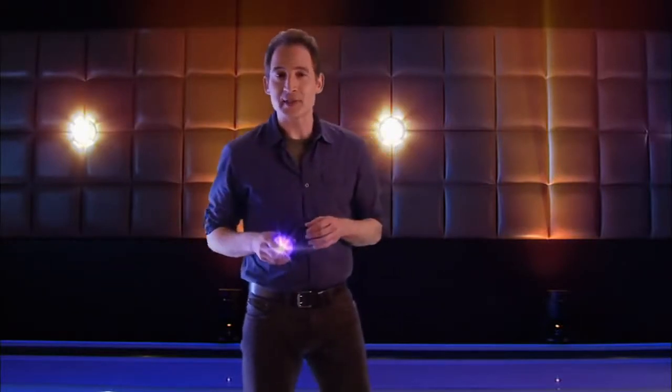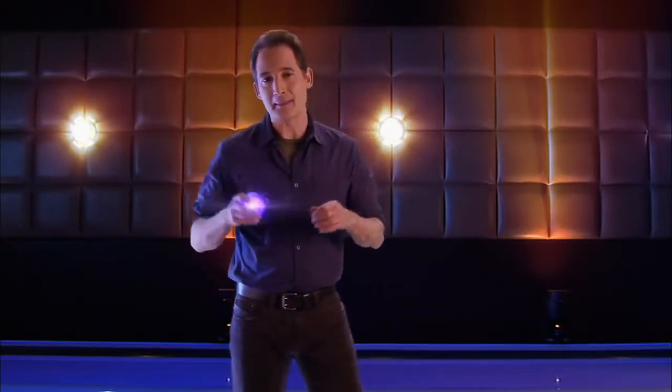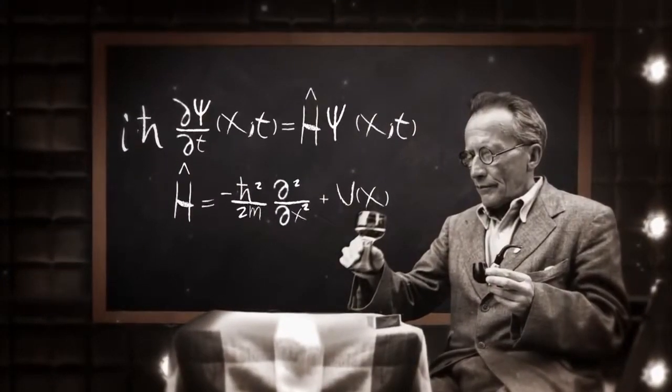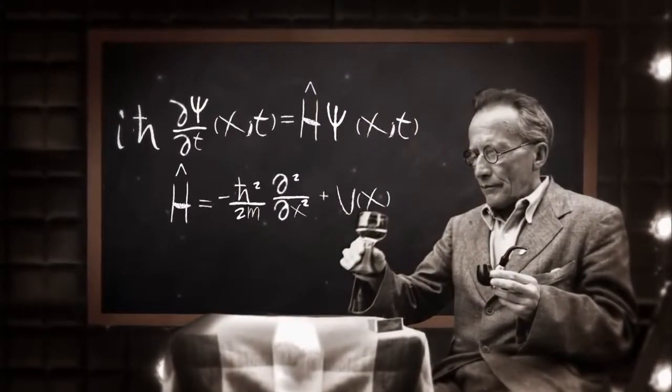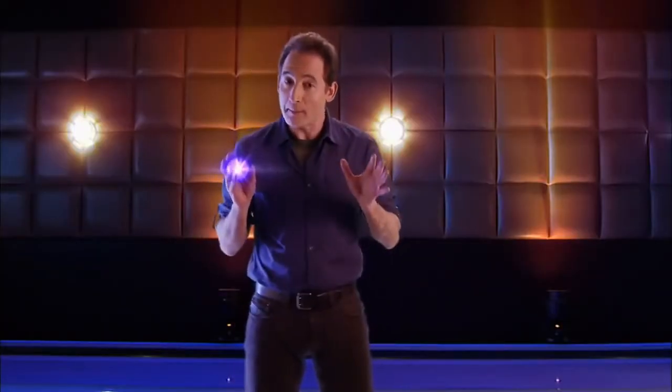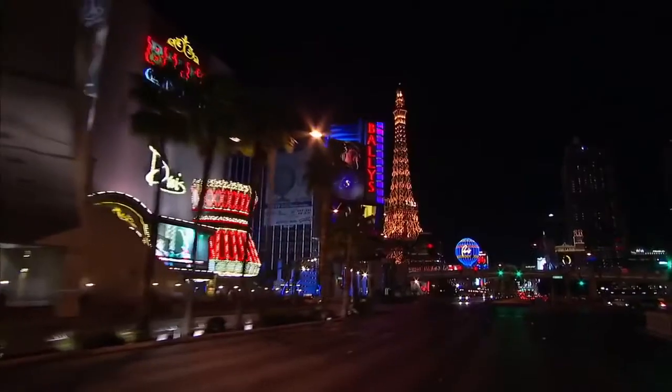These kinds of predictions have been confirmed again and again by experiments. And so the equations of quantum mechanics turn out to be amazingly accurate and precise, so long as you can accept that it's all about probability.